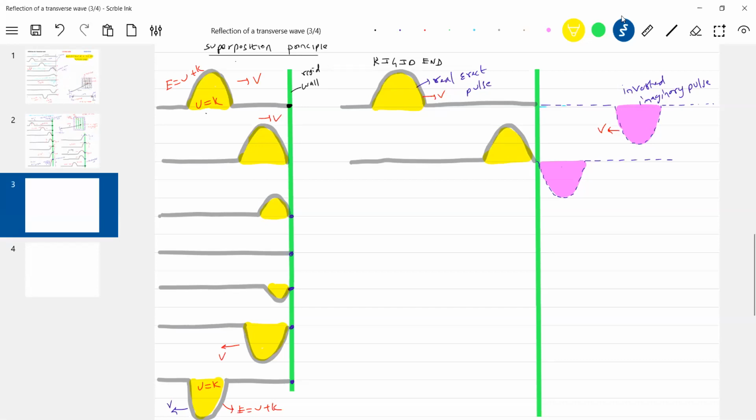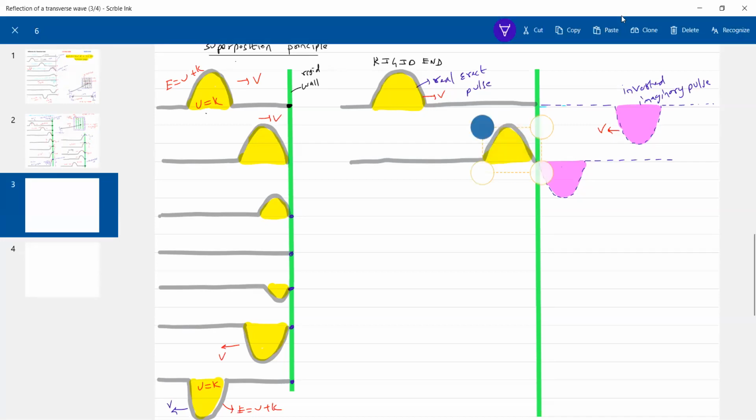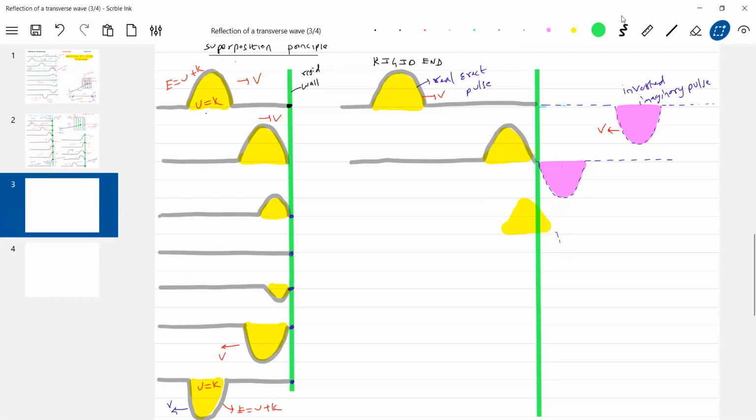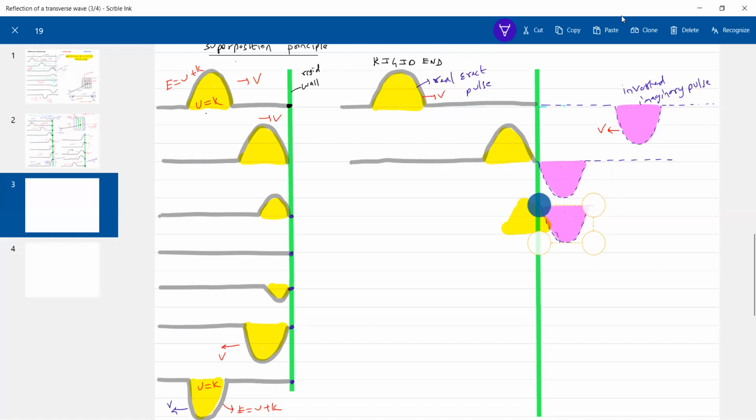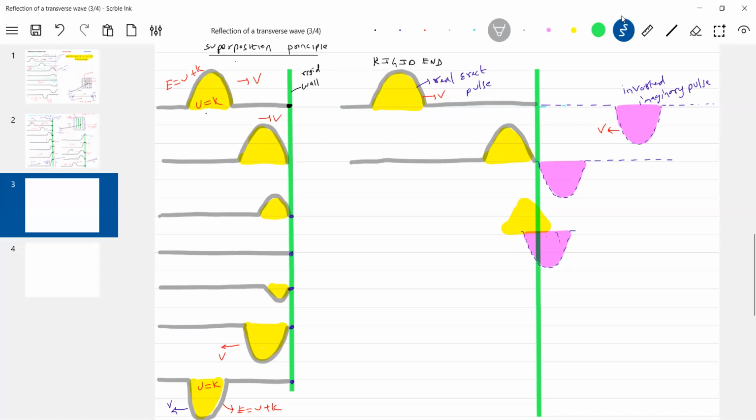let me take superposition as if this rod is not there. Let's not bother about this rod, as if this rod is not there. Then at one instant, they'll undergo superposition like this.